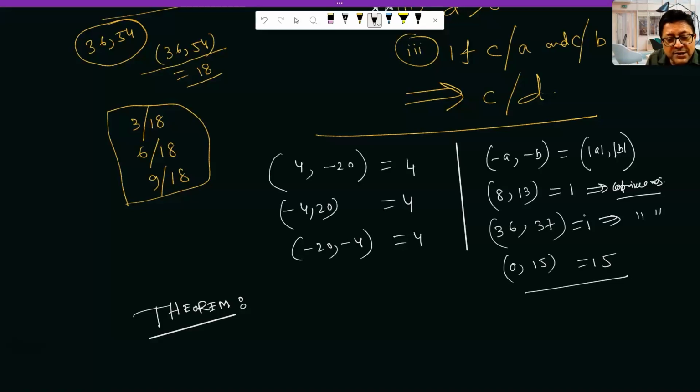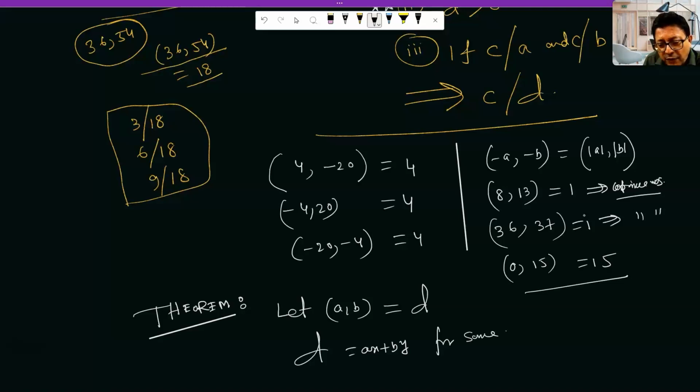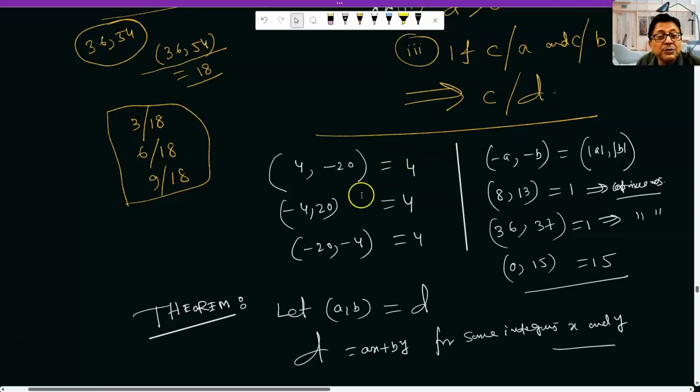For two numbers A and B, if the GCD equals D, then D equals AX plus BY for some integers X and Y. Clear?